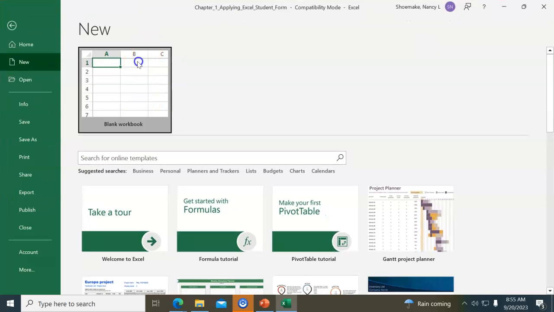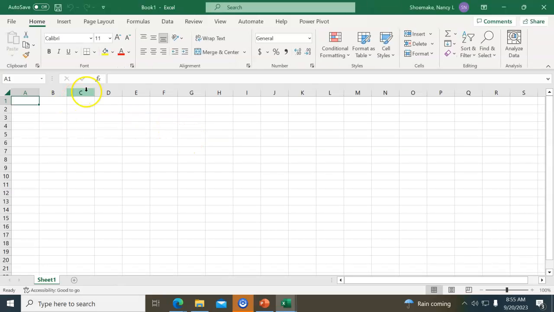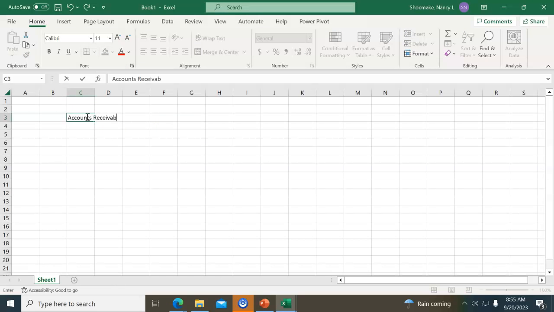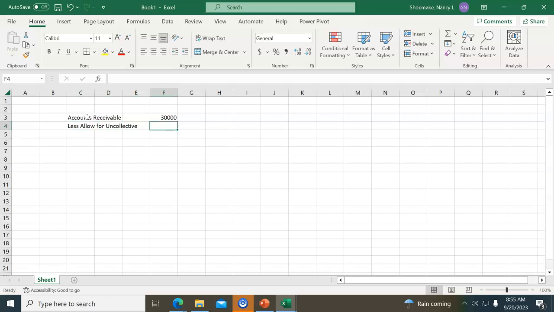Let's just say right now we currently show accounts receivable of $30,000, and less our allowance for uncollectible accounts is sitting at $12,000.